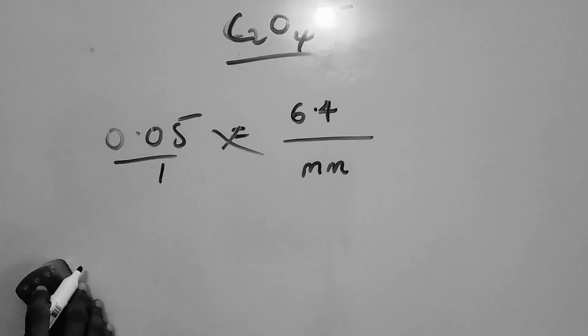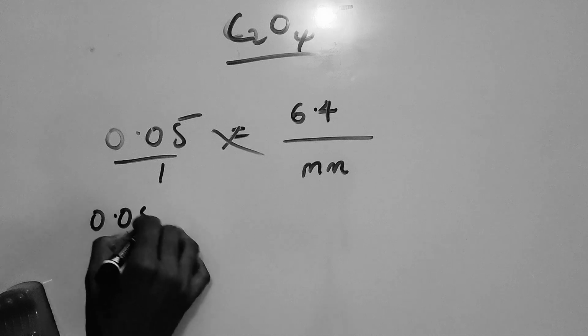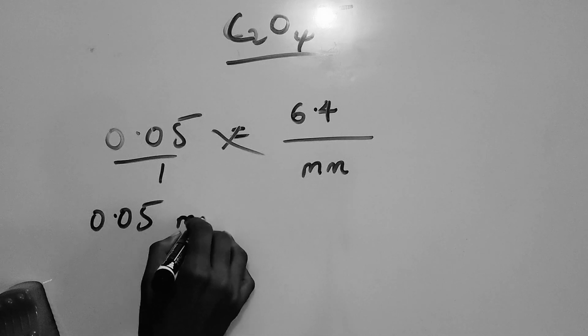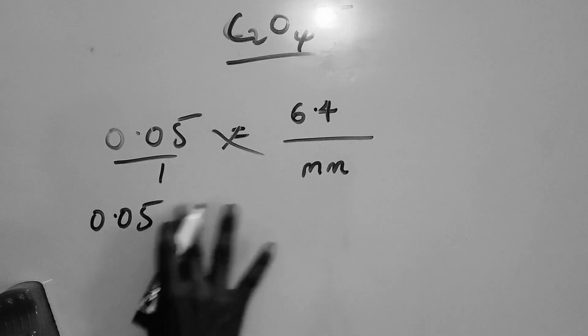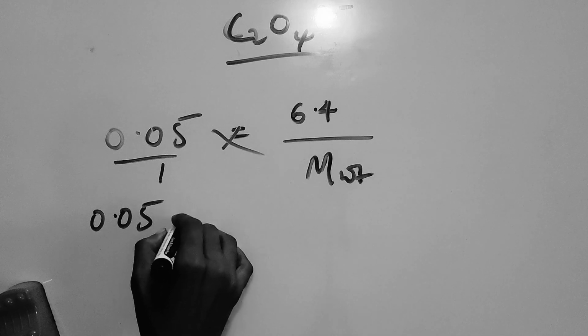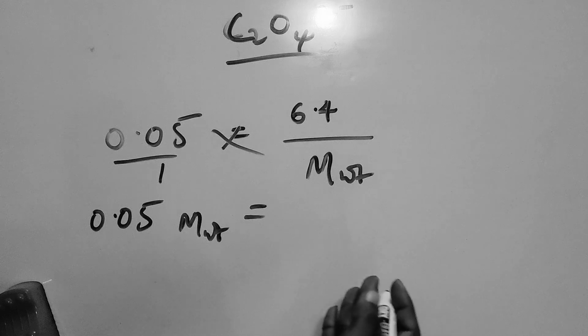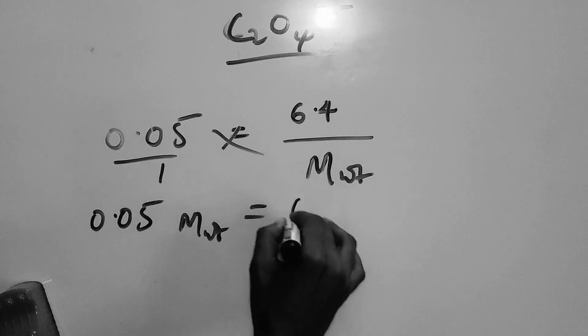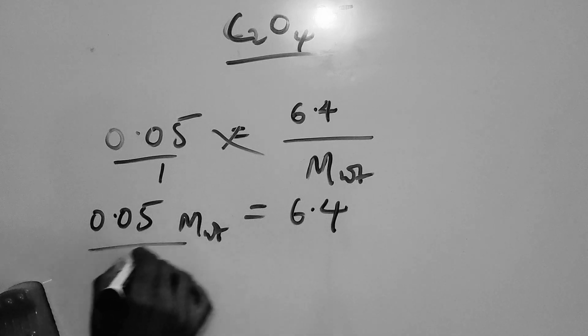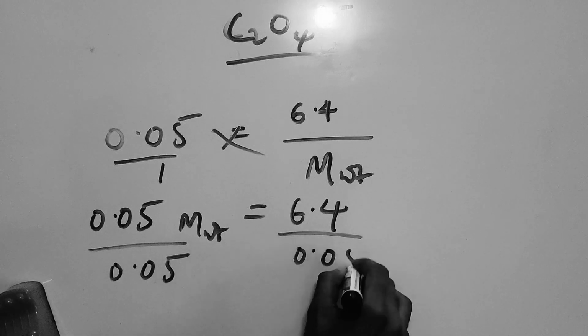We can do the same cross multiply, this multiplied by that, 0.05 molar mass, right? Please let's make it molecular weight, so that someone doesn't think it's millimeter. All right, so this times this is 6.4. So now I divide both sides by 0.05.